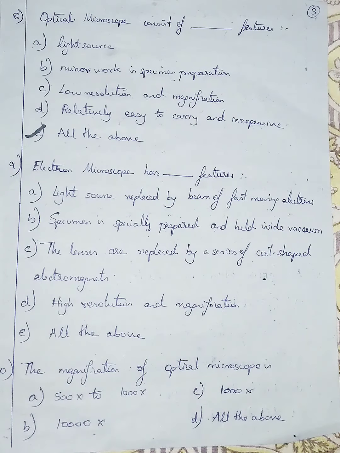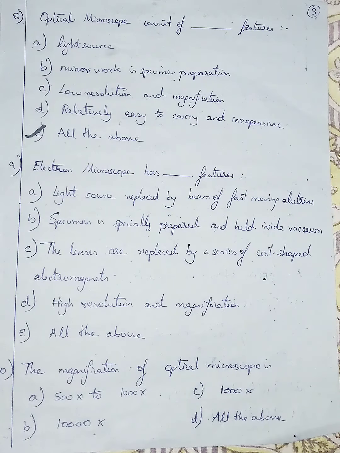The electron microscope is a high magnification microscope, where the light source is replaced by fast moving electrons. Option number A is right. The specimen must be specially prepared and held inside vacuum, not in normal air, because fast moving electrons can't move in normal air. They can move only in vacuum.